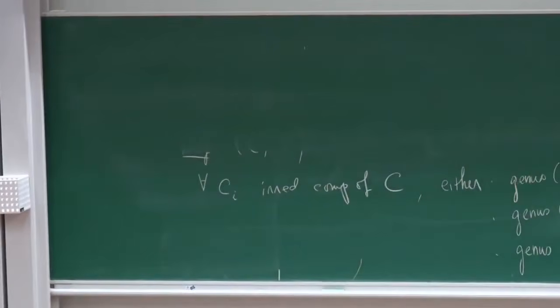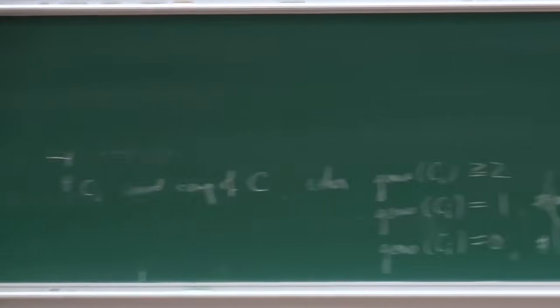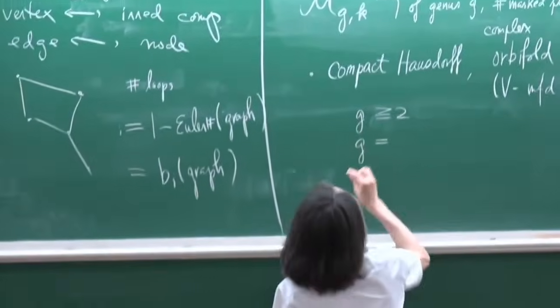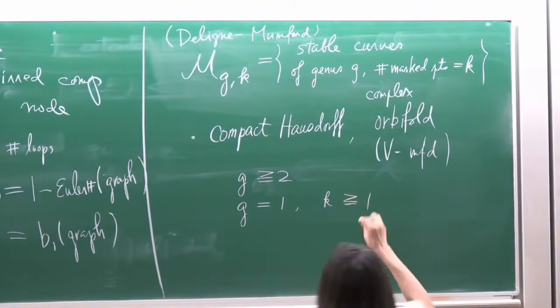Sorry, I have to assume something. So here I have to assume this: if g is bigger than or equal to 2, then it's okay. And if g is equal to 1, then k must be at least 1.